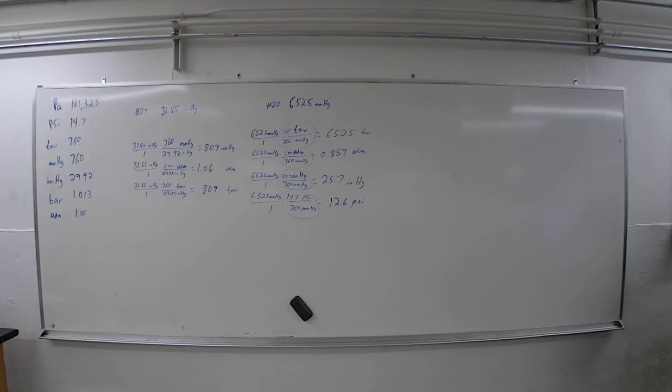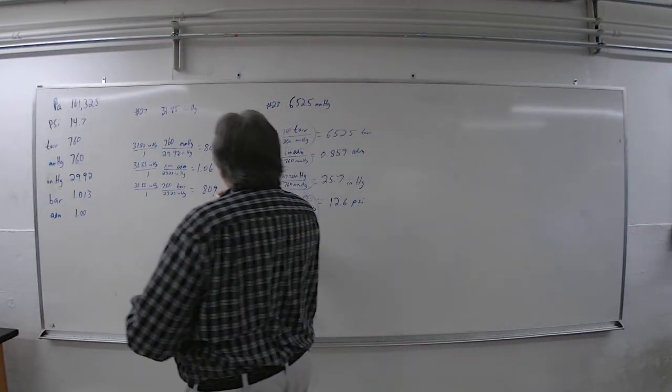Let's do some of these. PV equals NRT. I didn't make a lot of these because there's so many variations on it, but I'll go through this. So this PV equals NRT.